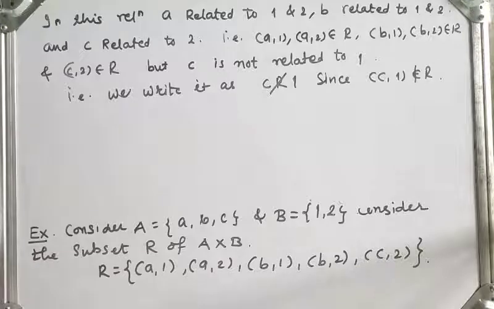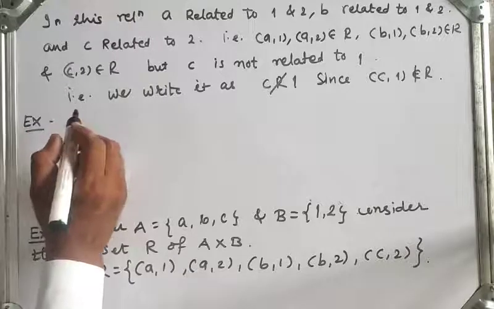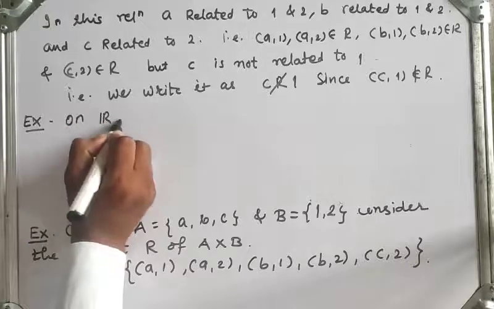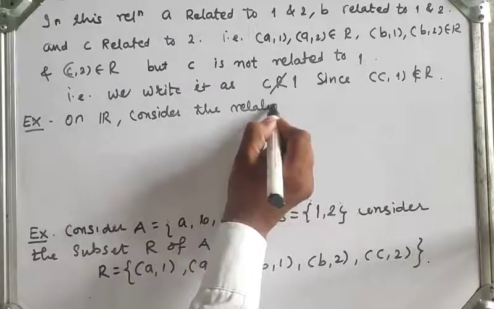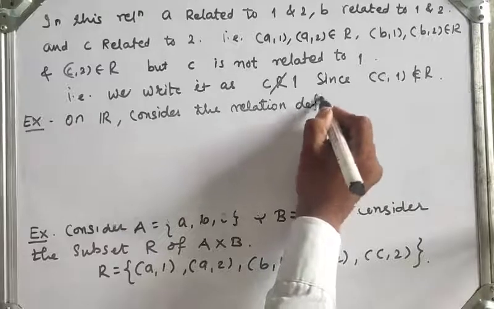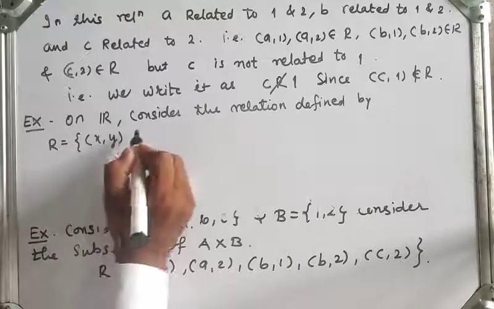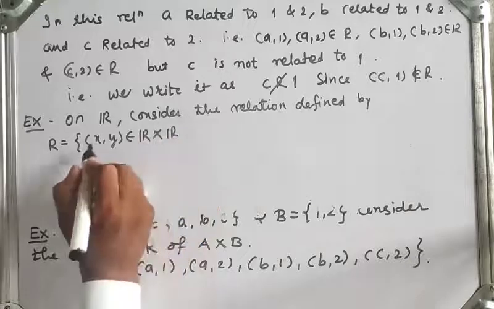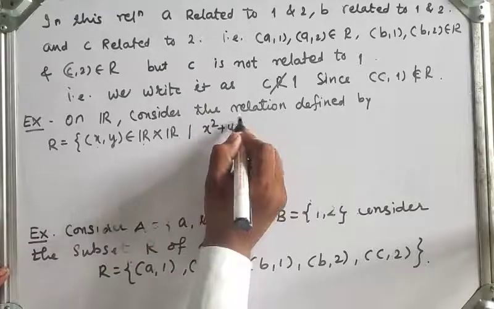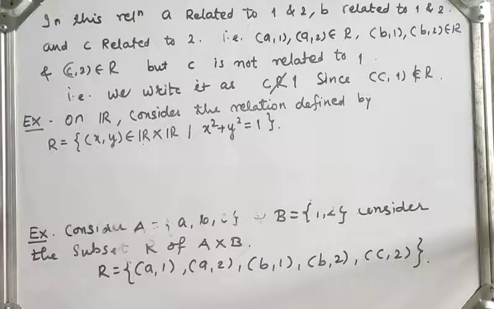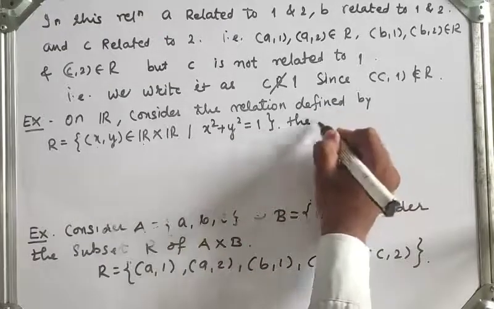Now consider the next example. Consider the relation on the set of real numbers R defined by R, the ordered pair (x, y) belonging to R cross R, where x is from R and y is from R, such that x squared plus y squared equals 1.